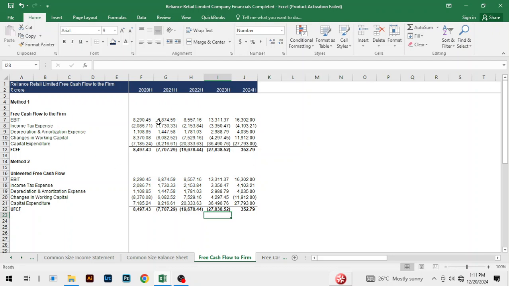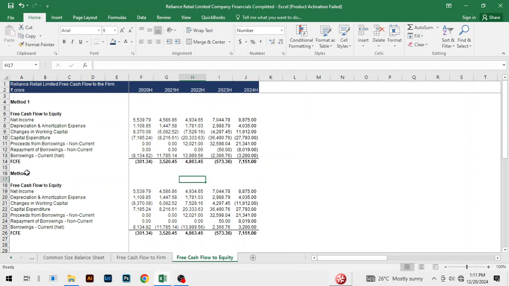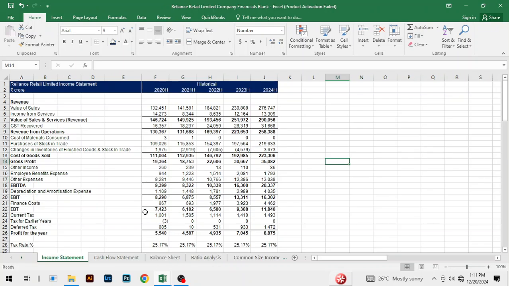And I also computed the free cash flow to the firm using two methods, the balance sheet method and the other one where we use the formula as you know it, and the same with the free cash flow to equity. Right, so without wasting time, let's delve right into it.